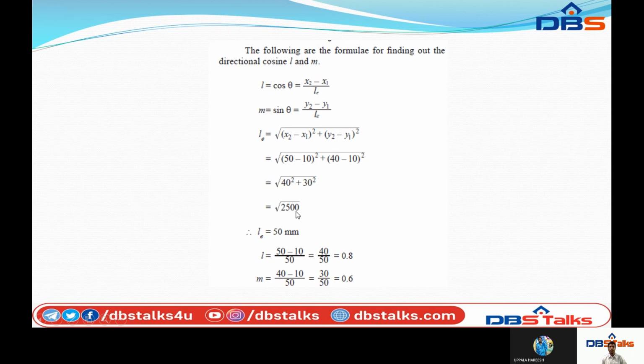In this, LE is found. Therefore, find the cosine L equals cos theta, x2 minus x1 by LE. x2 is 50, x1 equals 10, divided by length LE equal to 50. After that, 50 minus 10 equals 40, divided by 50, we get 0.8.